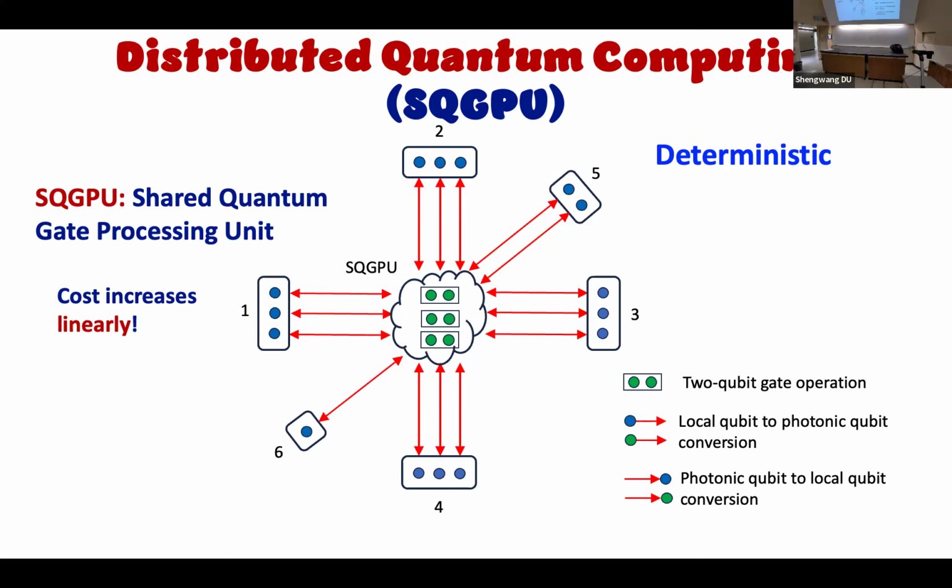The cost is exponentially increased because when you add 1 qubit, this qubit needs to interact with all other qubits. But in this system, you convert that law of cost to linear. Even if it's very expensive to make this module, as the number increases, it's just linear. Eventually it will be cheaper than a local quantum computer.